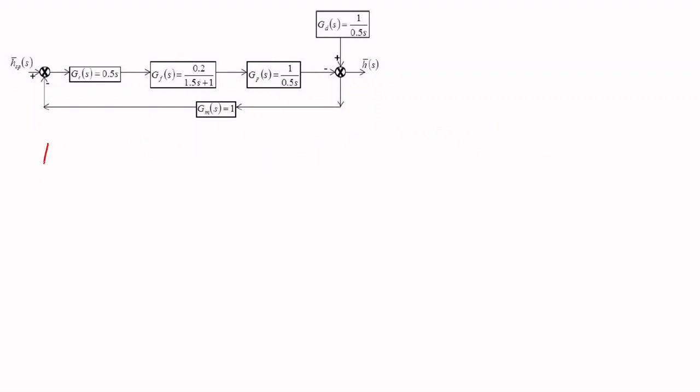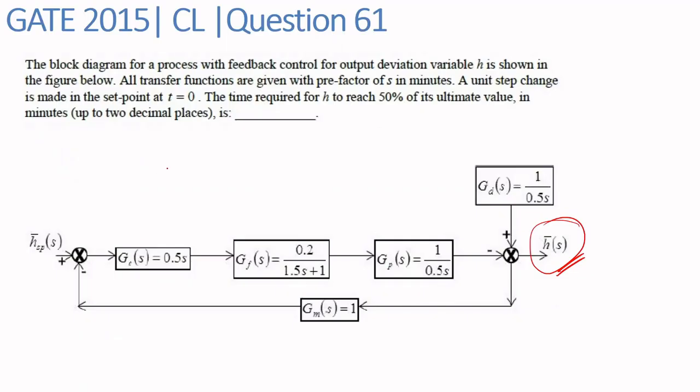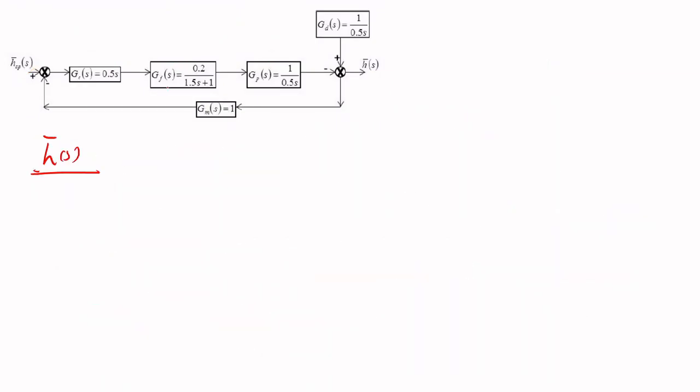That is, we are having h bar s upon hsp. In the given question we have been given a unit step change in the set point. Since we are providing a unit step change in the set point, hsp will become 1 upon s.